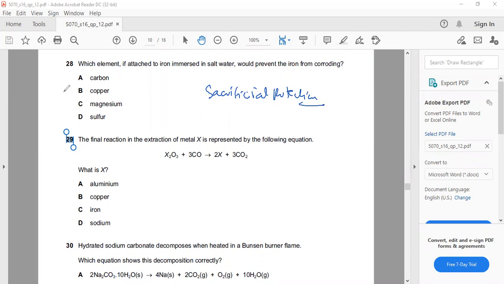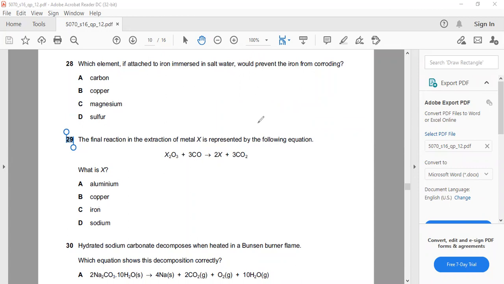So the one more reactive than iron is C. When a more reactive metal is attached to a less reactive metal, the more reactive metal prevents the less reactive metal from rusting and itself gets dissolved. So magnesium is more reactive than iron.